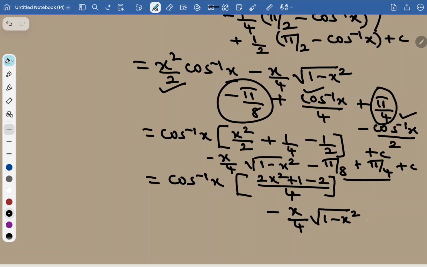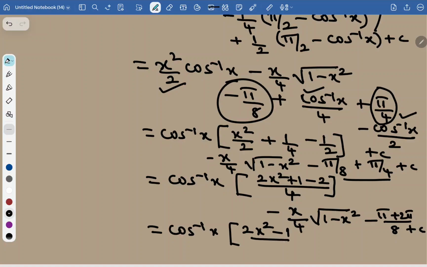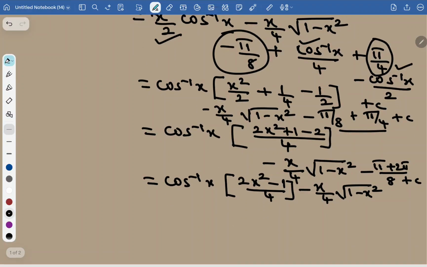For this part, LCM is 8, minus pi plus 2 pi plus c. Final answer: cos inverse of x into 2x square minus 1 by 4 minus x by 4 root of 1 minus x square, minus pi plus 2 pi by 8 plus c.